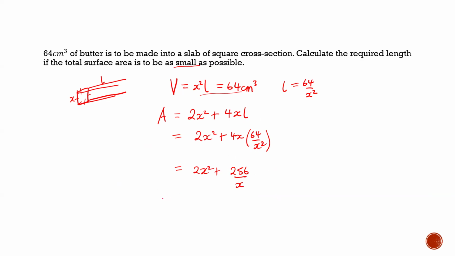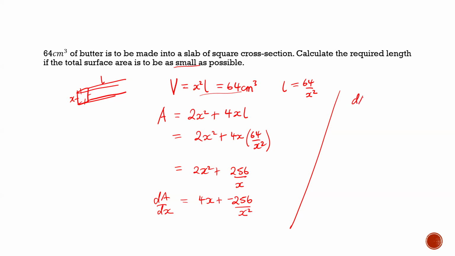Now, what do we know? We know that dA/dx, the derivative of A with respect to x, is going to be 4x plus negative 256 out of x squared, since this is 256 times x to the power negative 1. Now we know that the derivative is 0 for a minimum or maximum area.